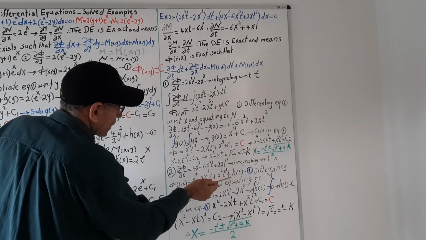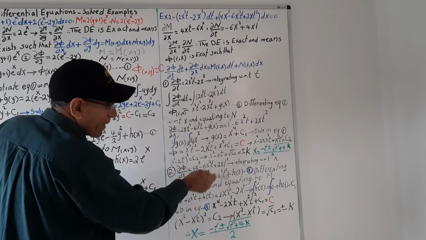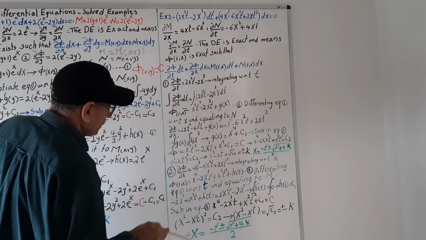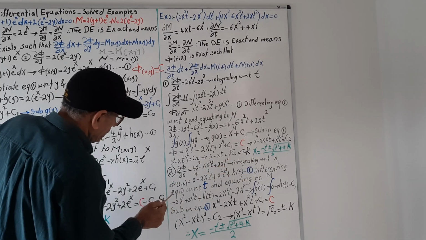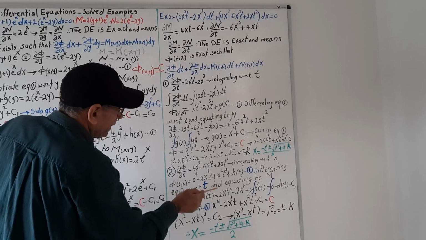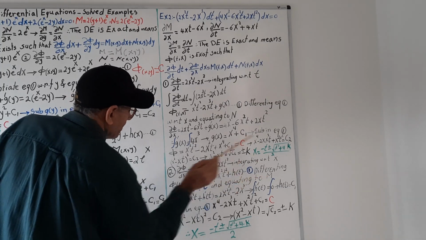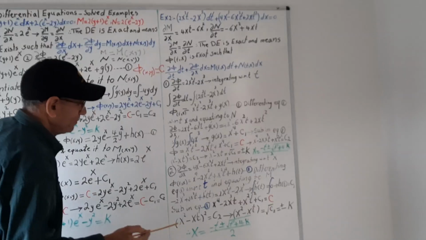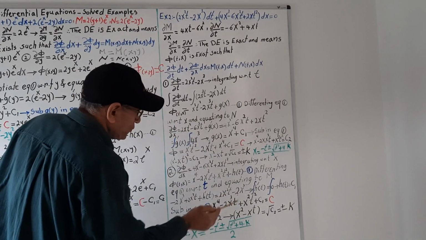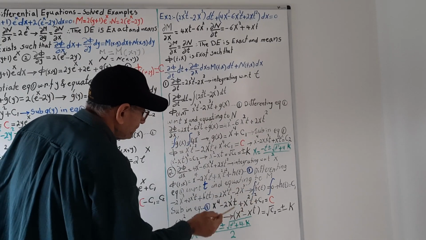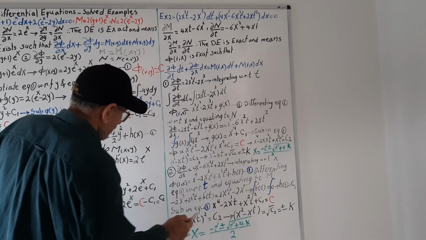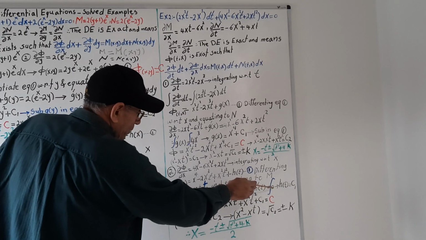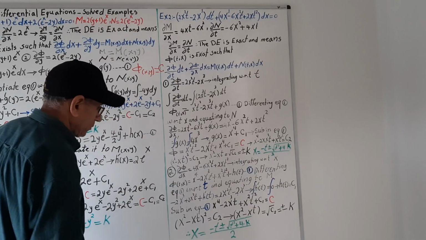So our constant of integration will be a function of t. Differentiating equation 1 with respect to t and equating to M, exactly the same. We find h prime of t, which is integration of 0, will be c1 constant.